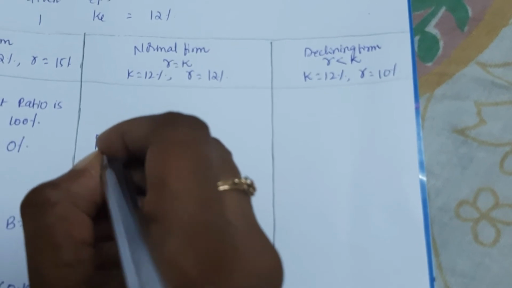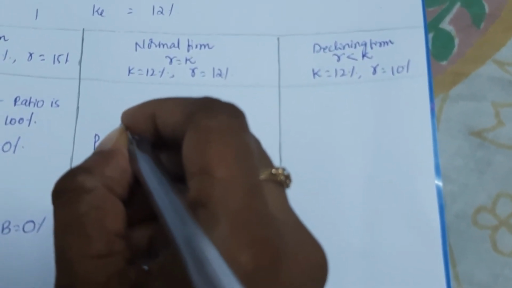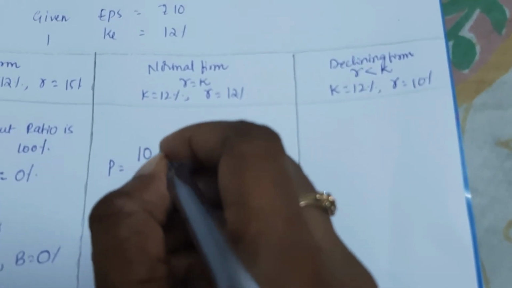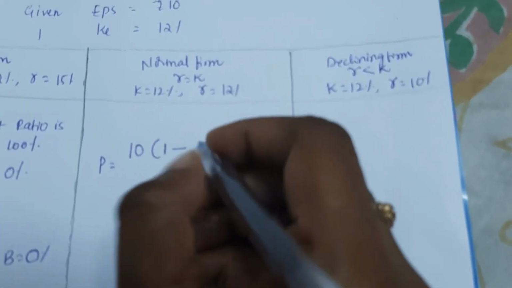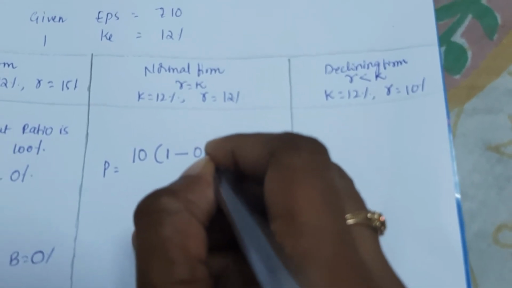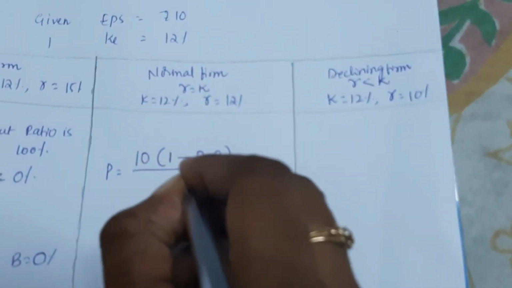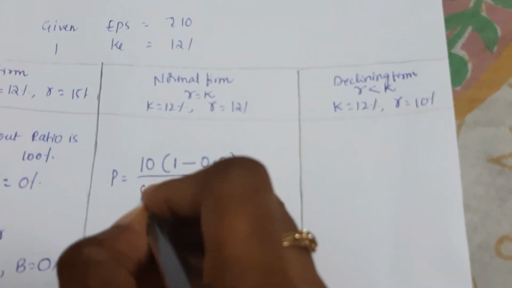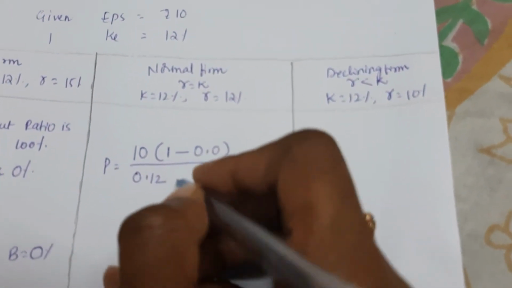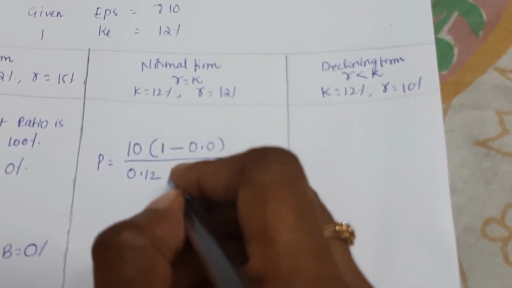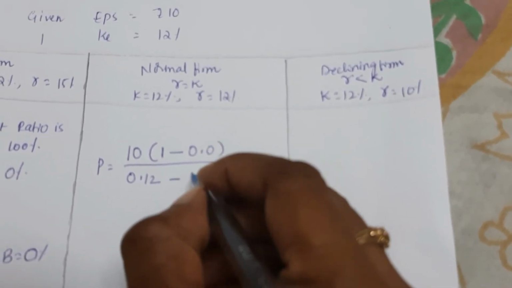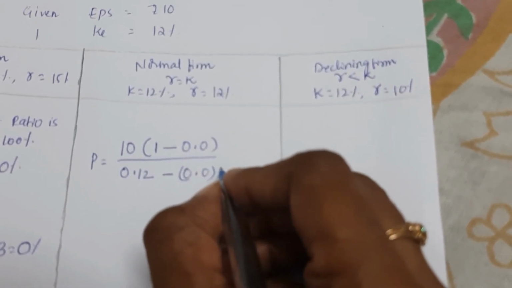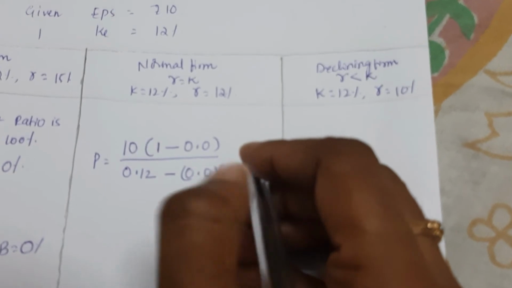So P is equal to E, earnings per share, will be the same, 10 into 1 minus B, that is retention ratio, 0.0, divided by KE, the cost of equity, that is 12%, which can be written as 0.12, minus B, the retention ratio 0.0, into R, the rate of return.